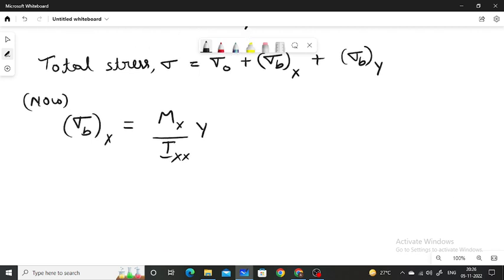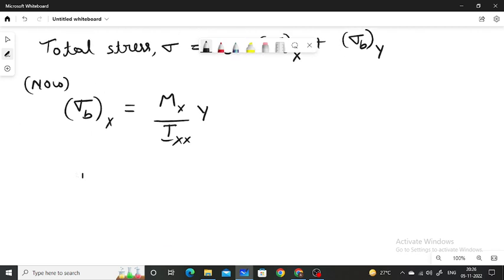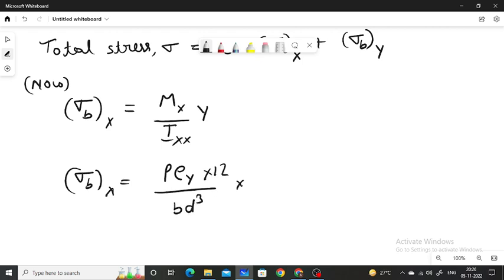Okay, sigma bx will be equal to P into Ey upon Ixx, which is BD cube by 12, and y will be plus minus d by 2.